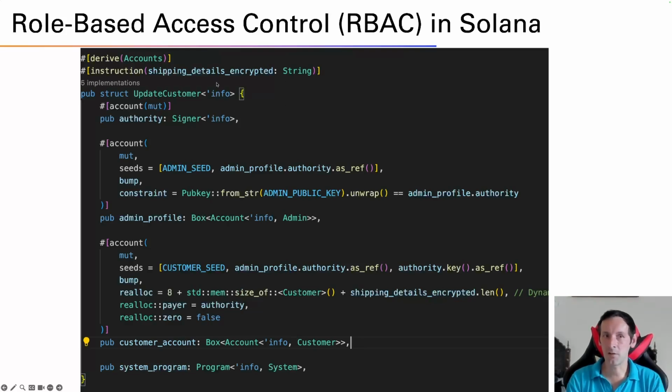One of the other things you'll see here is the instruction argument shipping details encrypted, which is a field of type string. I'm not showing you the definition of the instruction here, but effectively what this is saying is the instruction also has an argument over and above the first one, which is the context struct of type update customer.